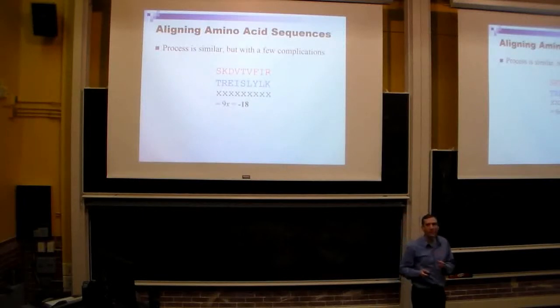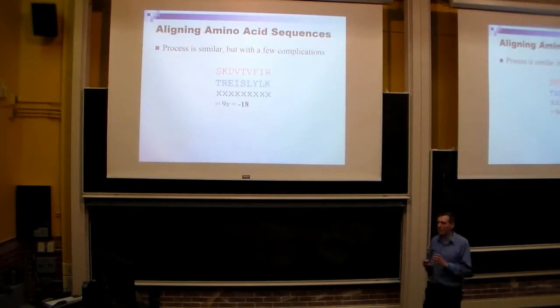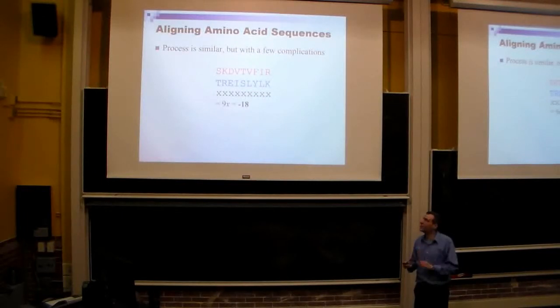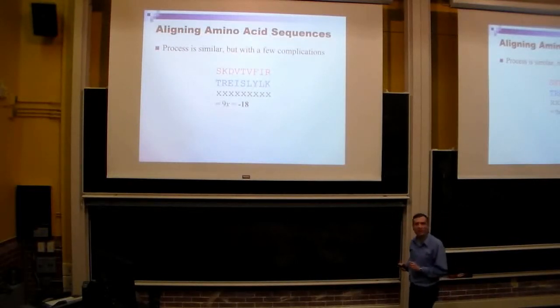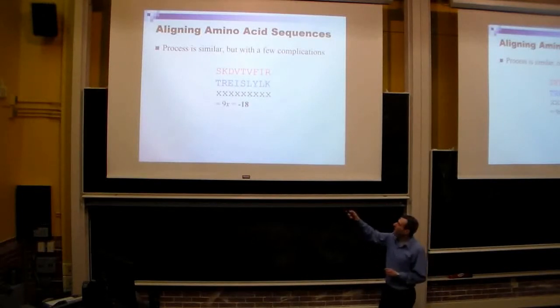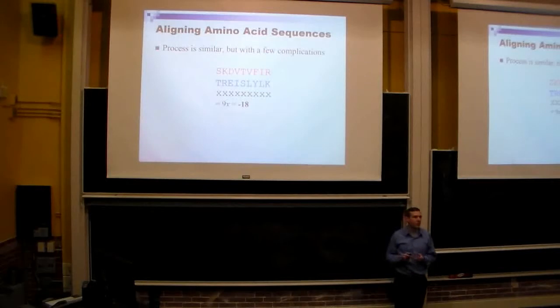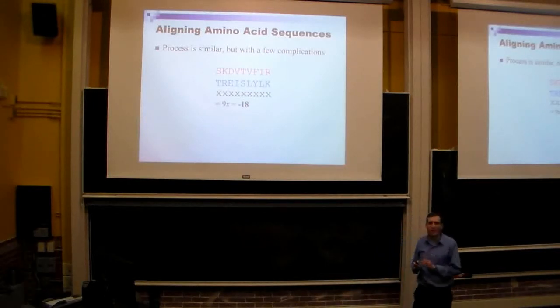You'd expect there would be a high probability that evolutionarily related proteins might put a threonine in one where serine is in the other. Likewise, lysine and arginine are both basic residues. Aspartate and glutamate are both acidic residues. So when we see this kind of similarity, that could actually be evidence that these are closely related protein sequences, even though they don't agree in a single amino acid.